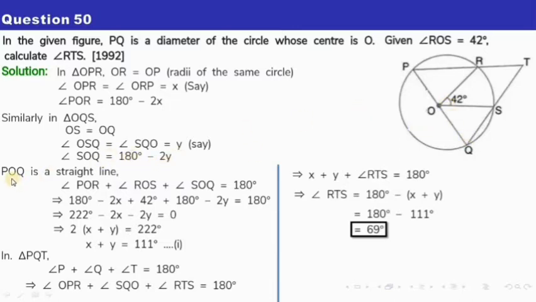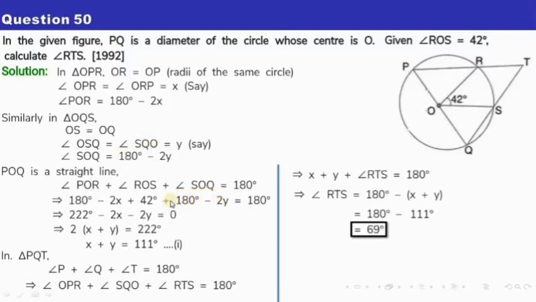Now we know that POQ is a straight line, that means this angle plus this angle plus this angle will be 180 degrees. POR is 180 minus 2x, ROS is given to be 42, and SOQ turned out to be 180 minus 2y.